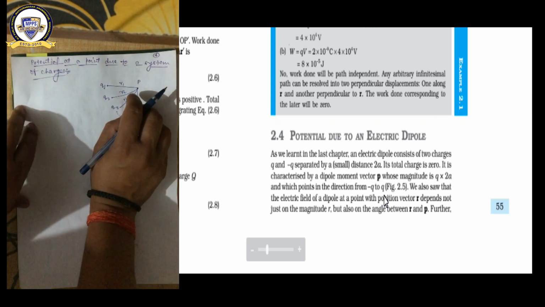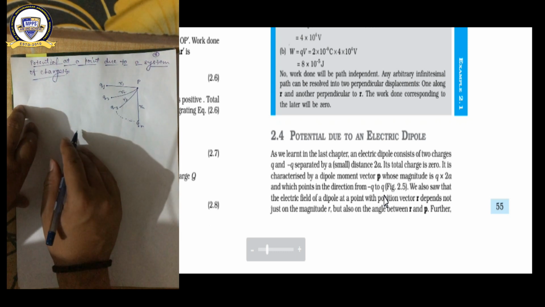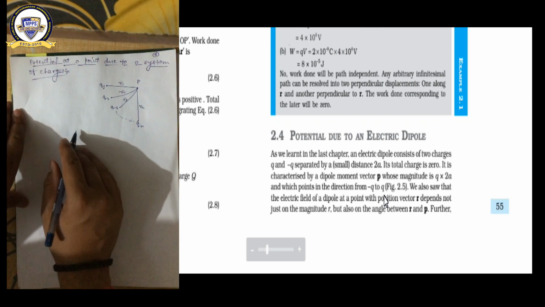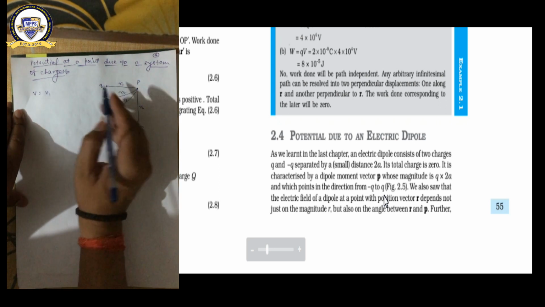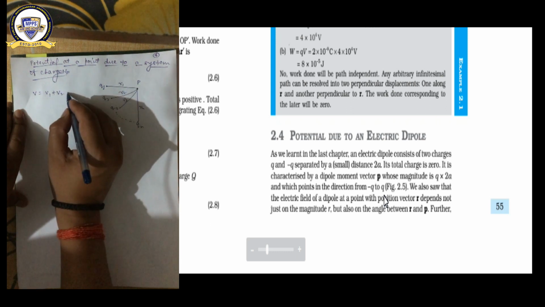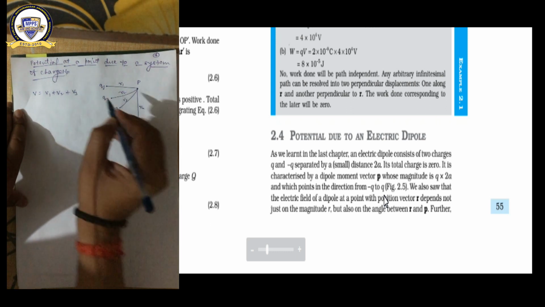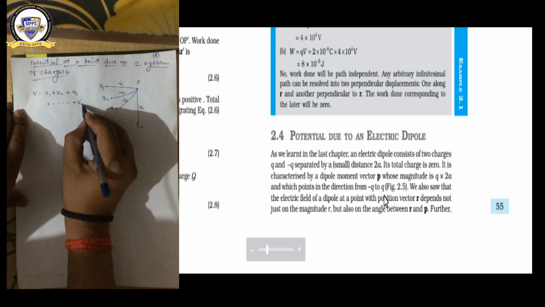Then the potential at this point P due to these charges will be V is equal to V1, the potential due to Q1, V2 the potential due to Q2, V3 the potential due to Q3, and finally Vn the potential due to Qn.